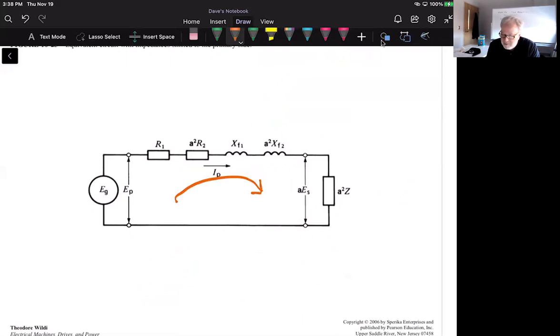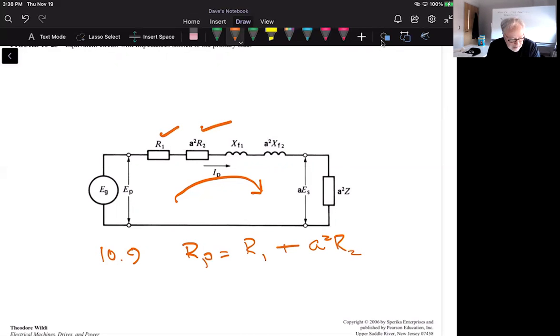Why do we want to do that? Again, this gets us back into a circuit that we can solve. When we shift these things over, we have techniques that allow us to solve this. And then we see equation 10.9 that says R sub P is equal to R sub 1 plus A squared R2. Okay, we okay with that?